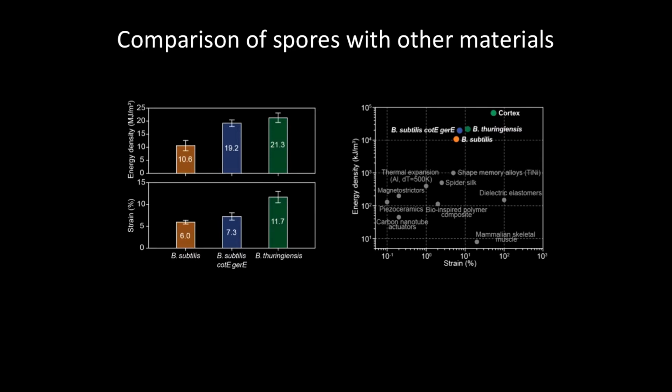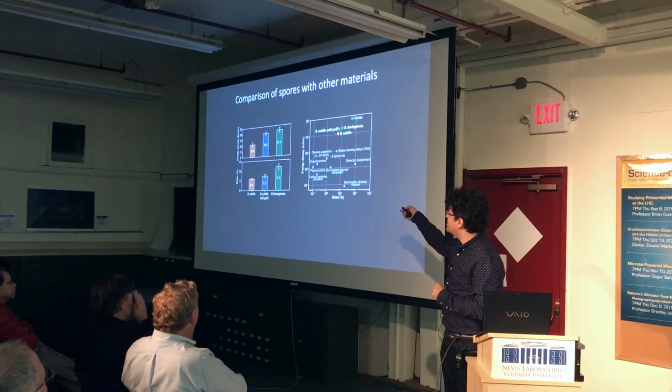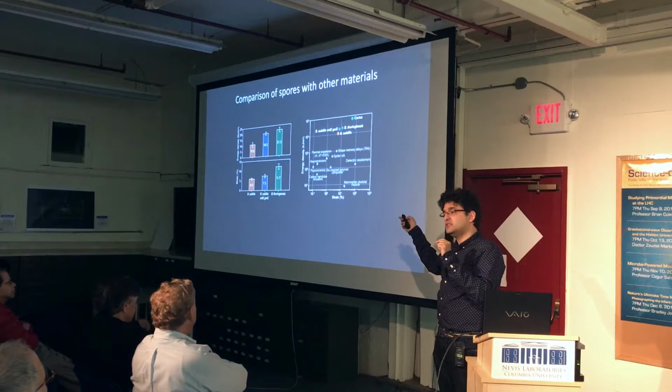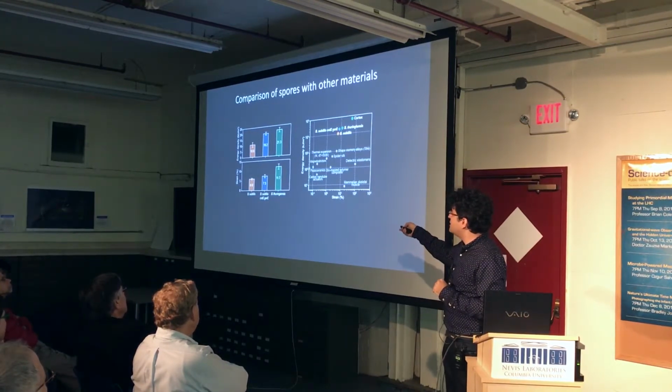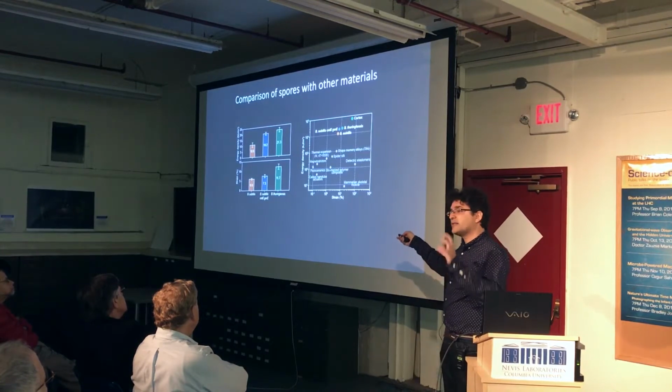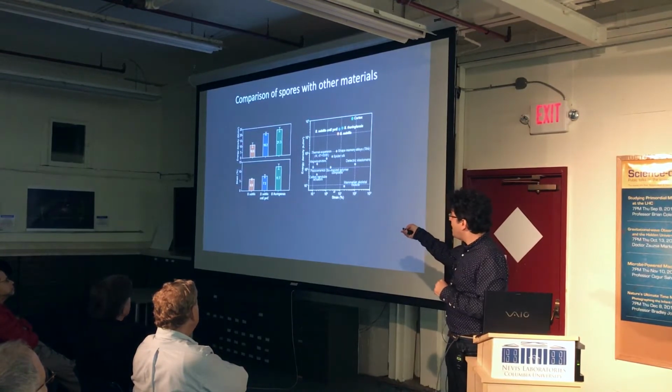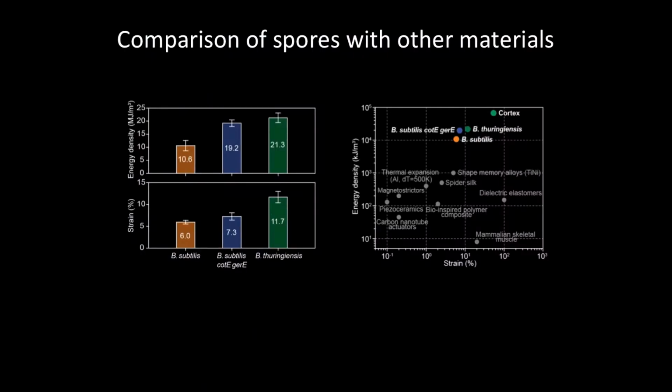I would like to point out, these are the experimental measurements of the spores formed by different species. What you have in this graph is how much energy is packed in a given volume, and the horizontal axis is how much size change they generate when they go from dry to humid. These other points on the graph are known materials.